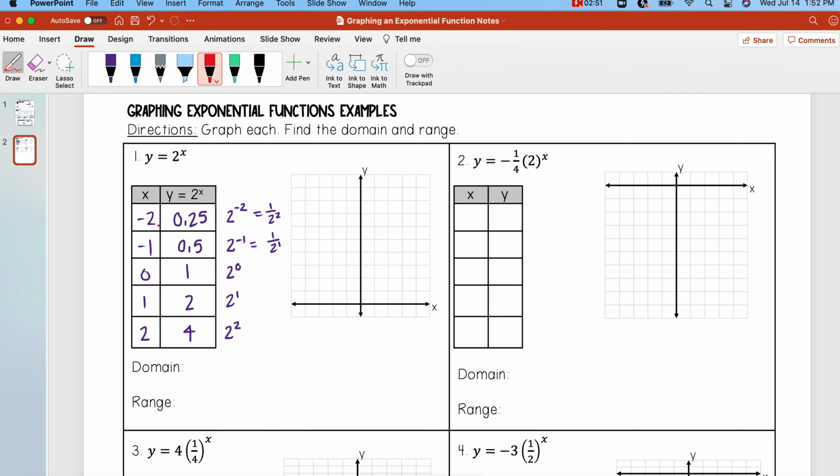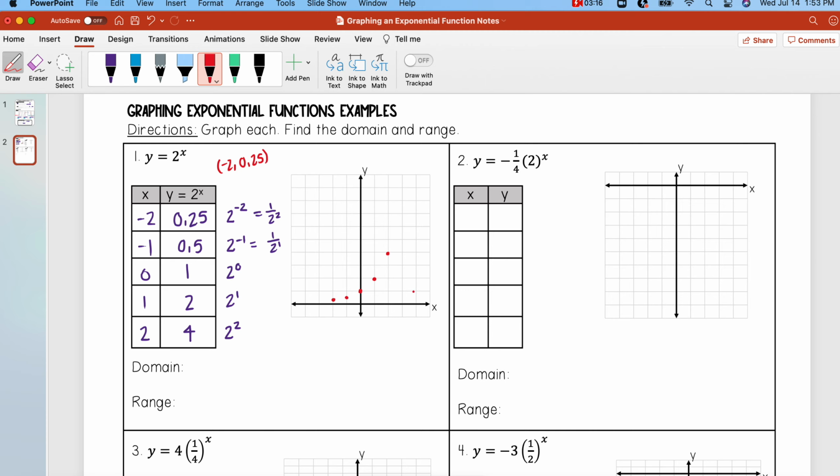My first point is -2, 0.25. When reading the table, that's just saying this point there. So -2 and then 0.25, -1 and 0.5, 0, 1, 1, 2, and then 2, 4.